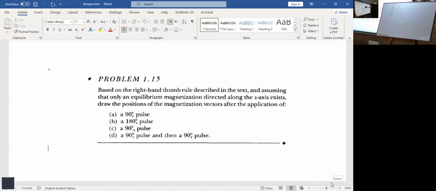So your magnetization vector is at plus Z and you gave a 90y pulse initially, where the magnetization vector will reach plus X. Now the magnetization vector is already at plus X and you gave a 90x pulse.